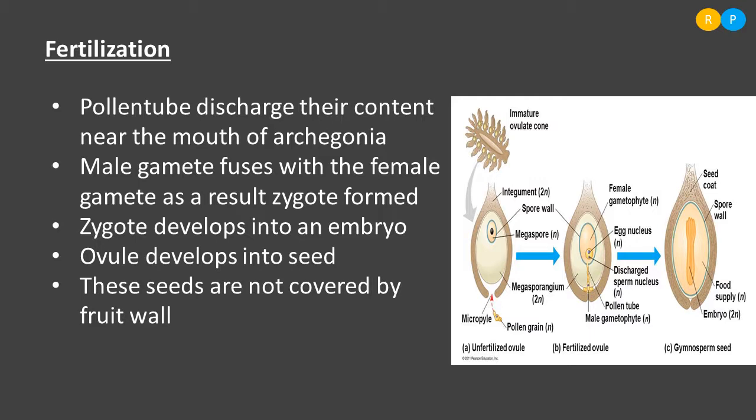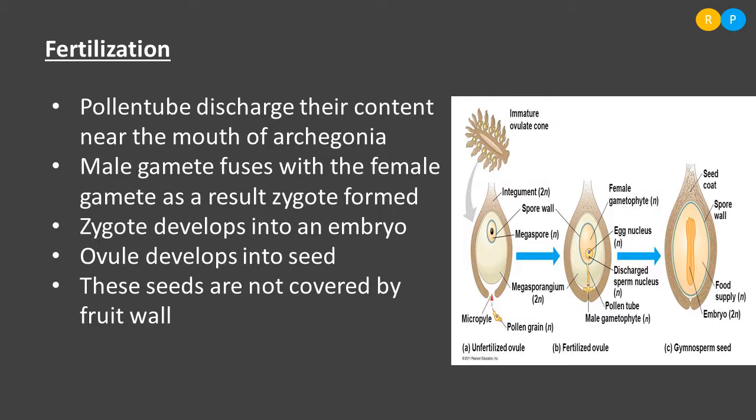So what is the function of the cone? Why is the male cone present? The male cone forms microspores, and microspores lead to the development of pollen grain. And what is the function of the female cone? The female cone leads to the formation of the egg. So two kinds of spore formation can be seen in gymnosperms, microspores and megaspores.